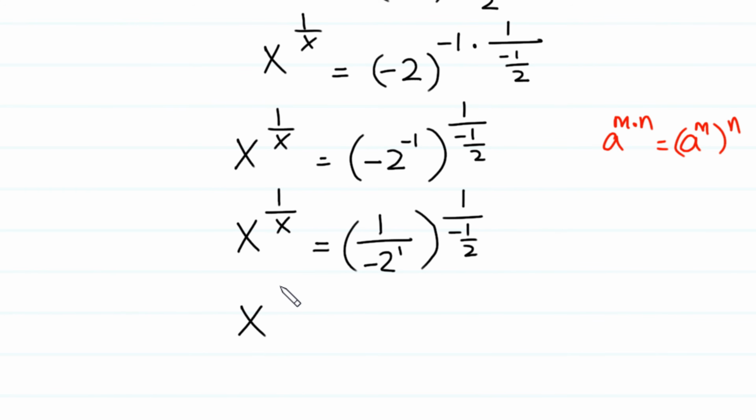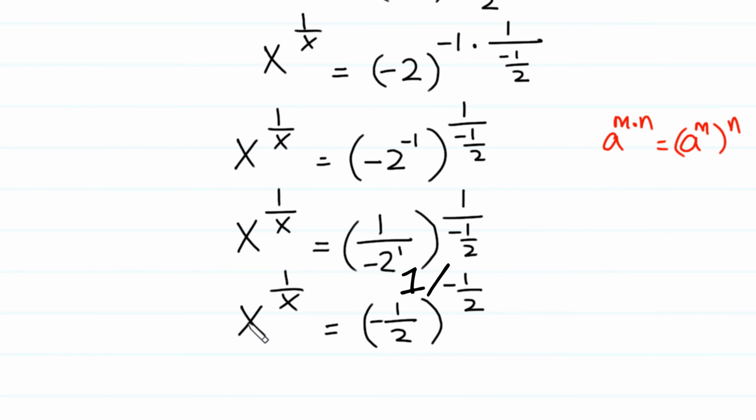Next, x to the power 1 over x is equal to this 1 over negative 2 to the power 1, which can be written as negative 1 over 2 whole to the power 1 over negative 1 over 2.